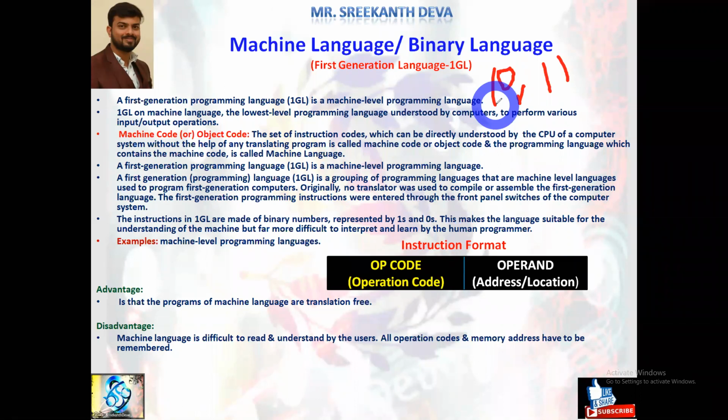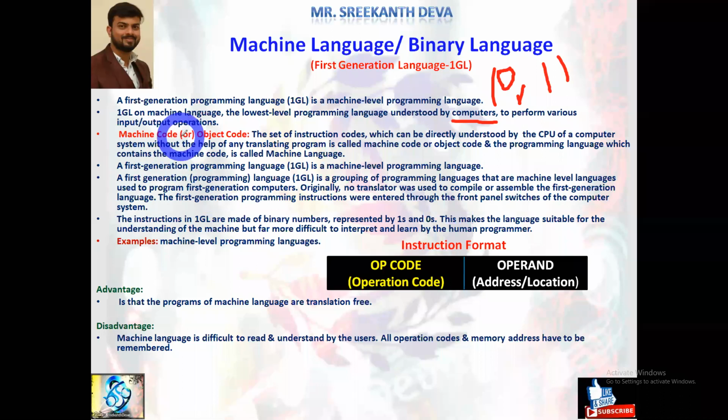See, this machine language can be easily used by the computer, but it is difficult for the user to read and understand. These machine languages are understood only by the machine, represented by zeros and ones. This first generation language, machine language, is the lowest level programming language understood by the computer to perform various input output operations.